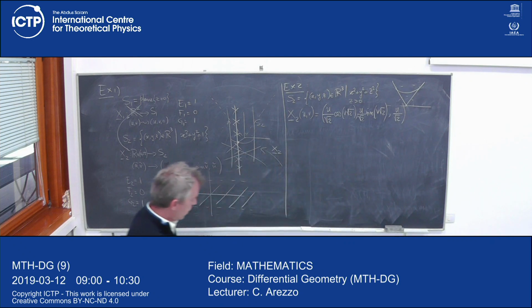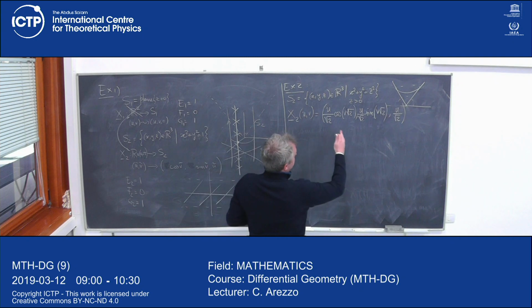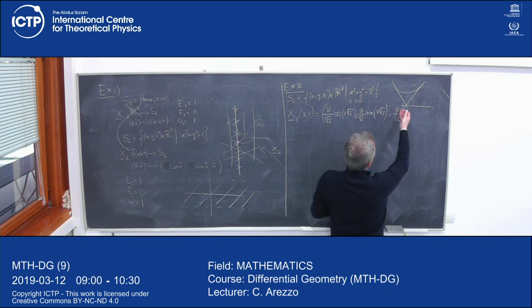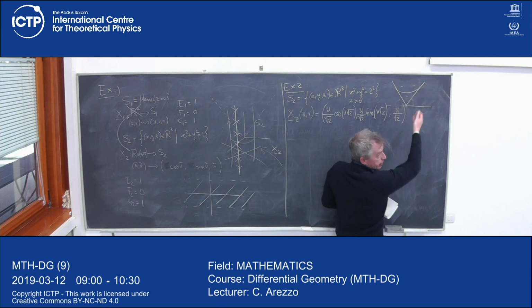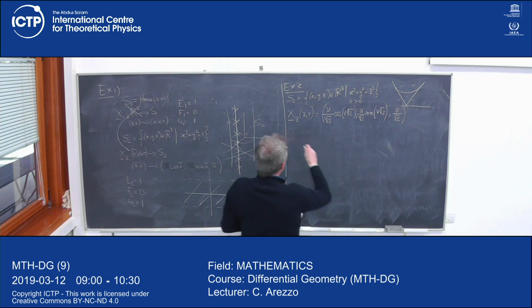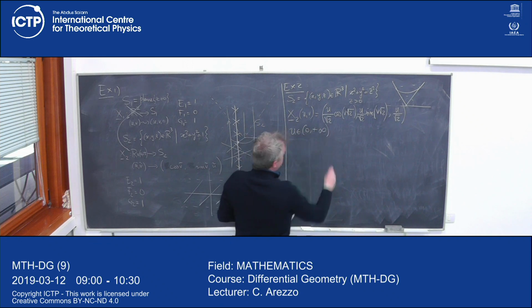Where u is essentially the z parameter. Now, these square roots are just there to normalize a few things. So u is essentially the height, so it has to be positive. So u is in (0, +infinity).